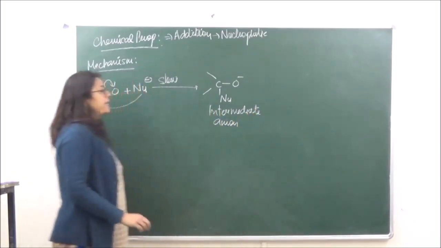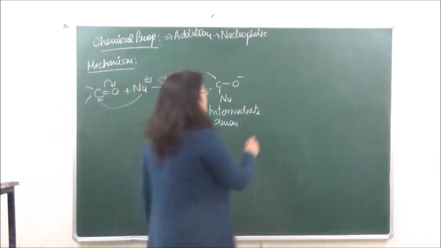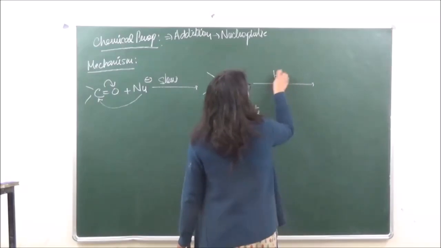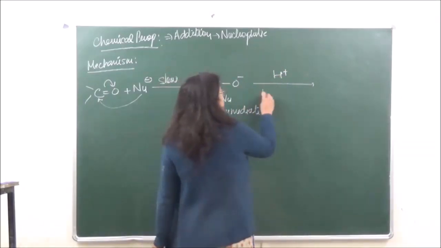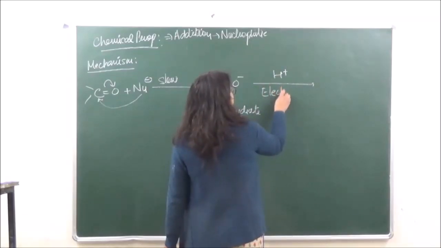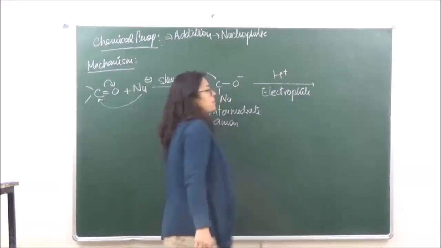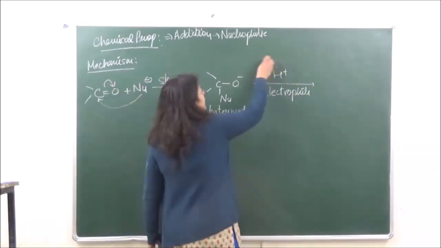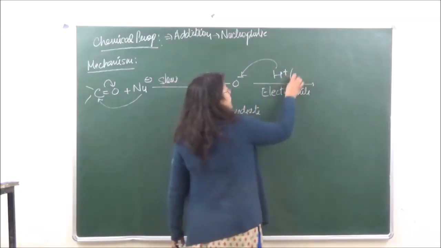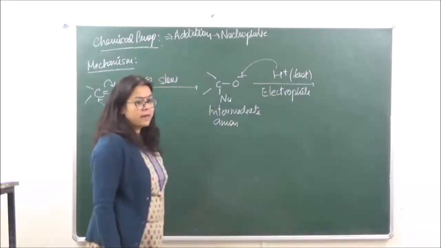We are getting an intermediate anion here, and this is now going to add an electrophile which is positively charged. So I am taking H positive here. It may be any other electrophile present with the attacking reagent, and this electrophile will go and attack the oxygen, and this step is a fast step.